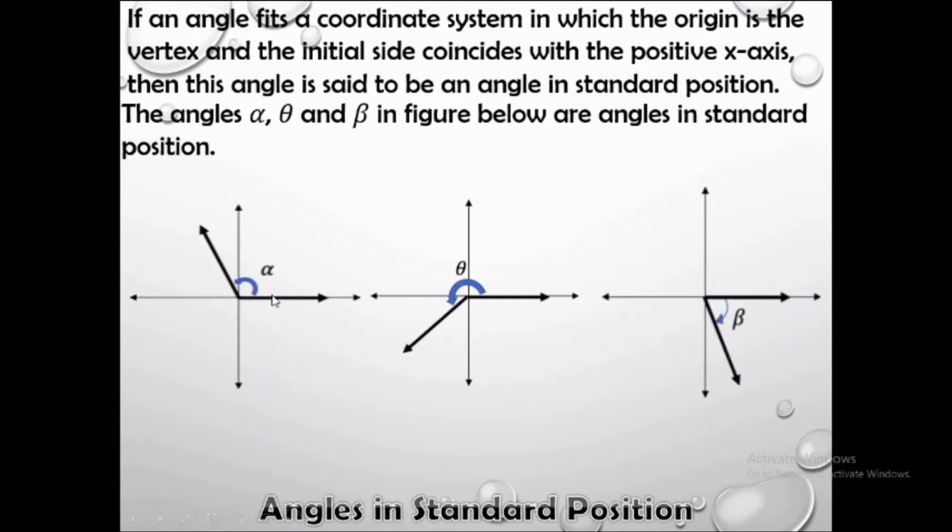For angle alpha, the terminal side rotates clockwise, and for angle theta, the terminal side rotates counterclockwise, while angle beta rotates clockwise. In other words, this angle is negative.